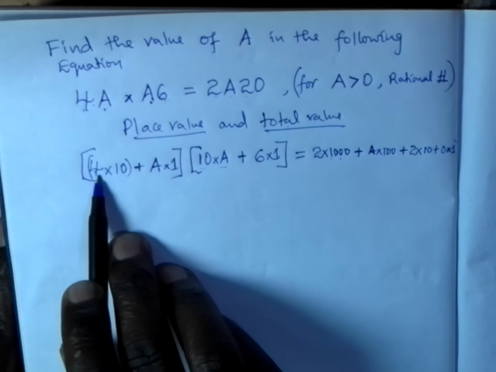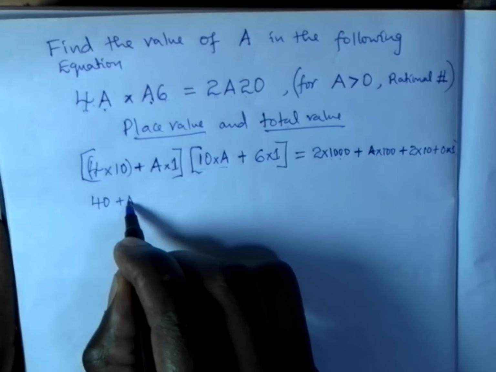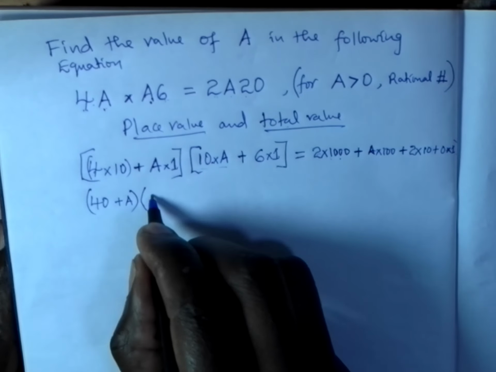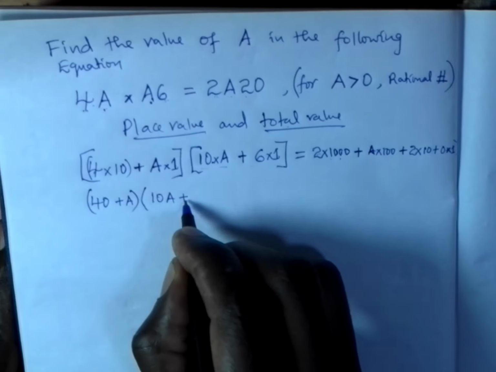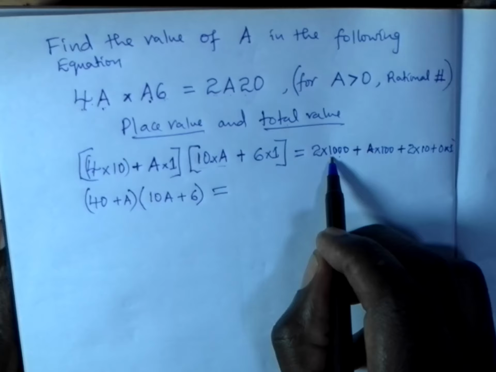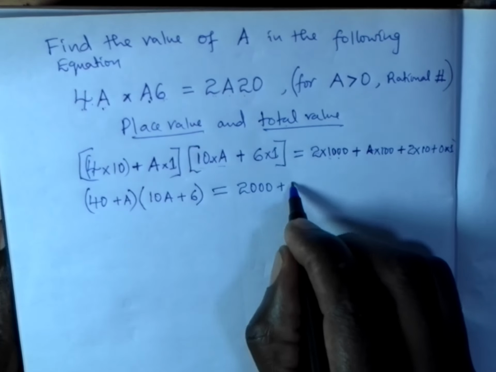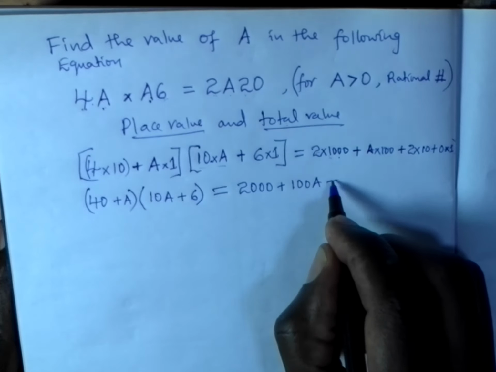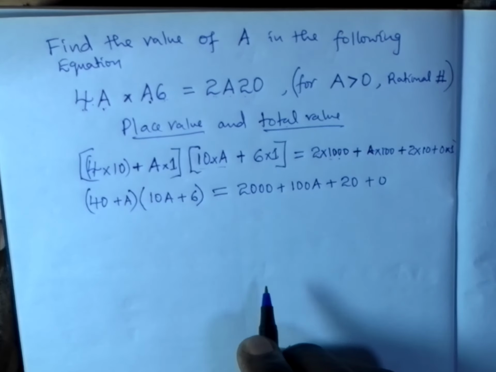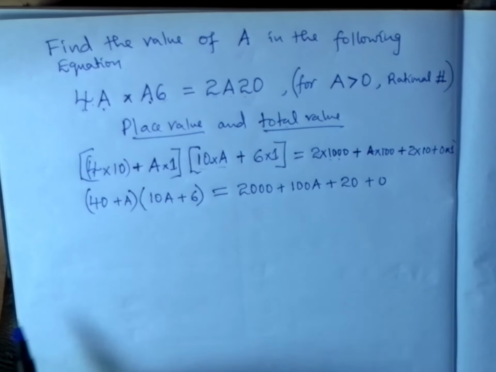Now here we have 40 plus a, then we multiply by 10a plus 6, close the bracket, will be equal to 2000 plus 100a plus 20 plus 0. So on the left hand side, we can expand.